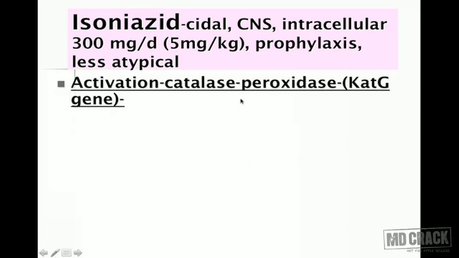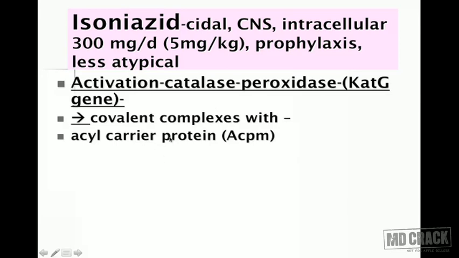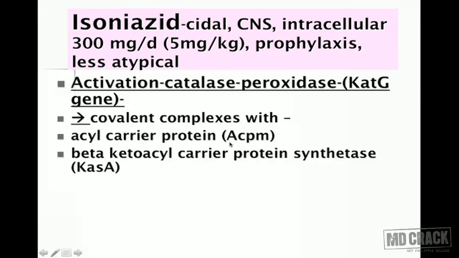This catalase peroxidase system is encoded by a gene called KatG gene because it's catalase peroxidase. The name starts with KAT, capital G. The drug forms covalent complexes with the acyl carrier protein, called ACPM, and beta-ketoacyl carrier protein synthetase, called KASA.